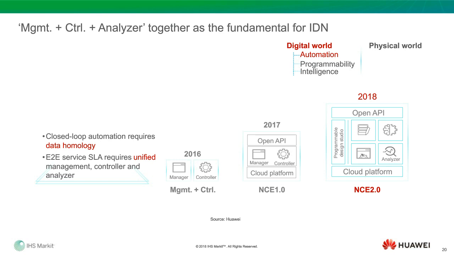So we can do the management, controllers, and analytics together as one product. And this product is also cloud native, and it has open API for third parties. We can build third-party applications based on this product. That's, I'll say, very fundamental for our IDN solutions.